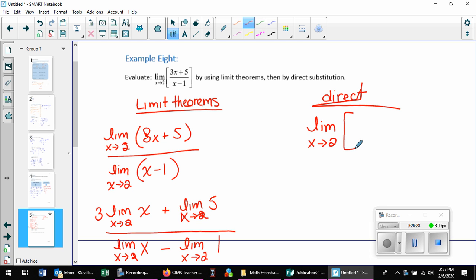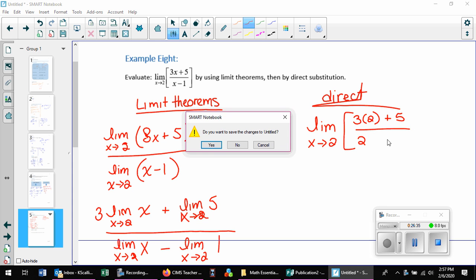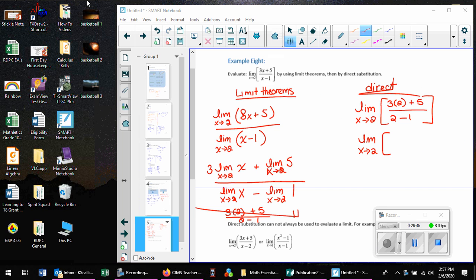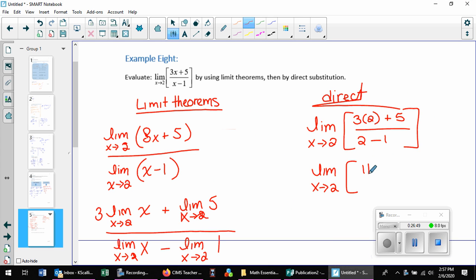It's a lot less easy if it doesn't. Way easier. Direct substitution, way easier. If it works.